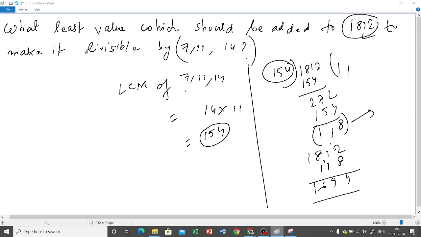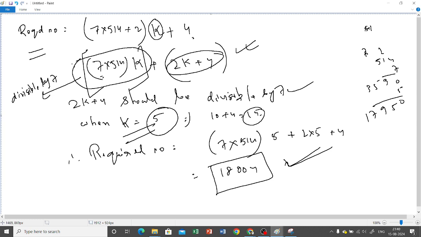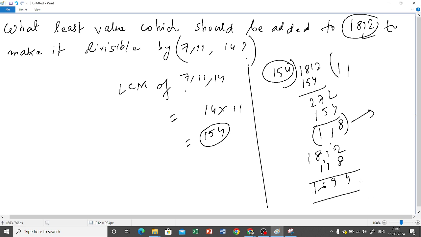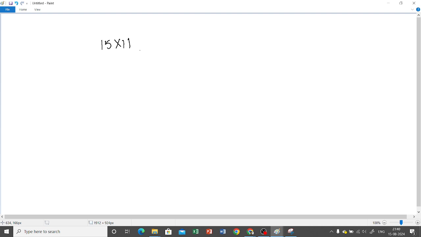Now, that means 154 into 11. Actually I did not need to do this, because I cannot just subtract, I have to proceed from 1812, right? So 154 into 11 is actually less than 1812. Then what is 154 into 12?